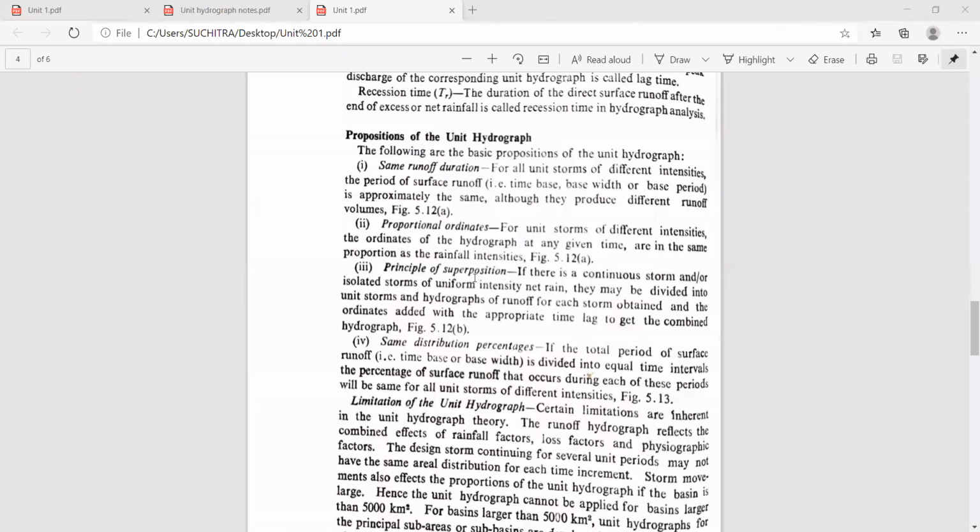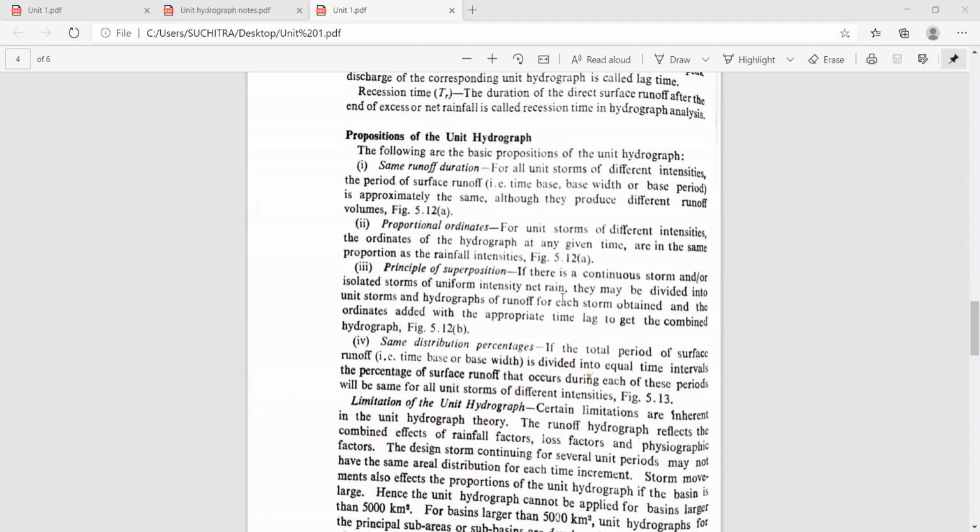So next is the principle of superposition. Suppose there is a continuous storm or an isolated storm of uniform intensity net rain, it may be divided into unit storms, and the hydrograph of runoff for each storm is obtained, and the ordinates are added with appropriate lag time to get the combined hydrograph.